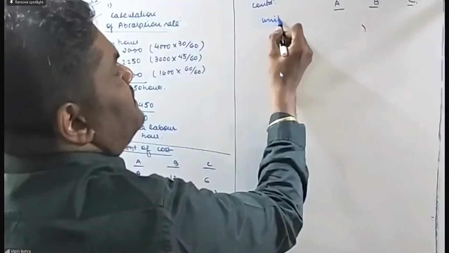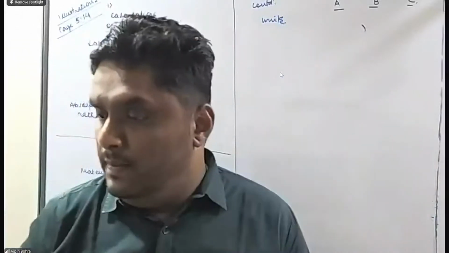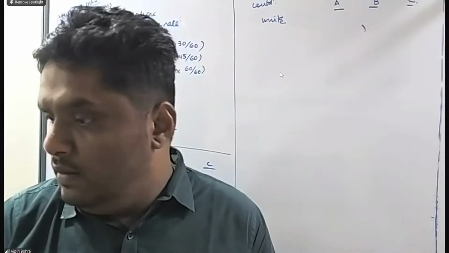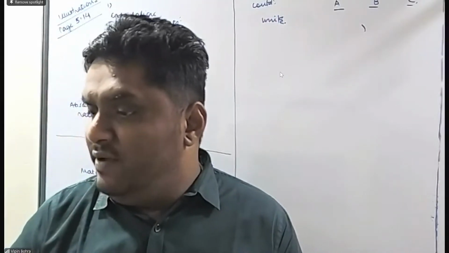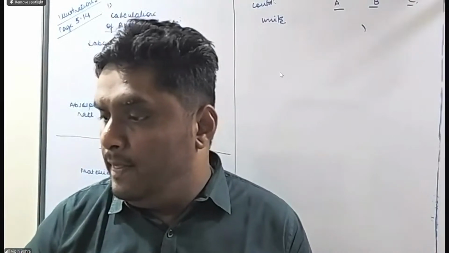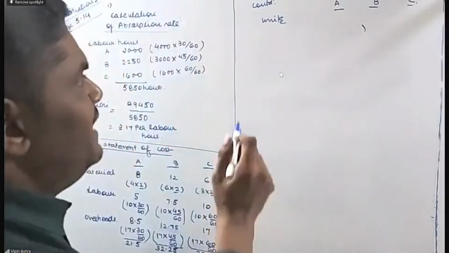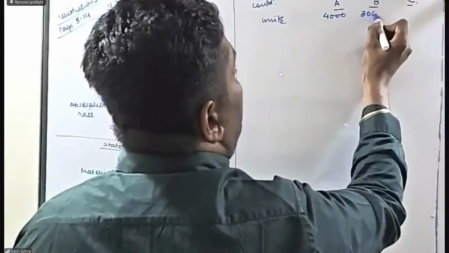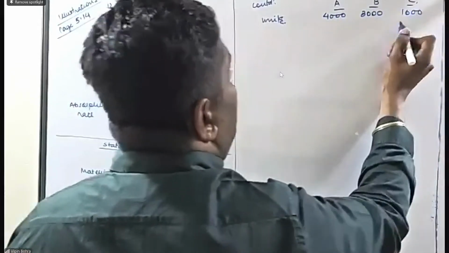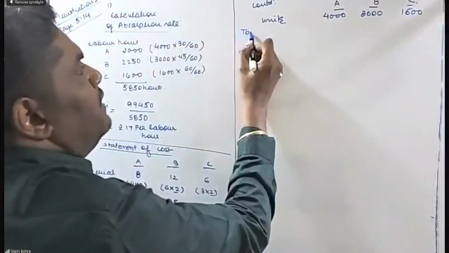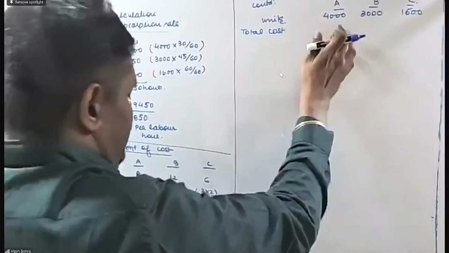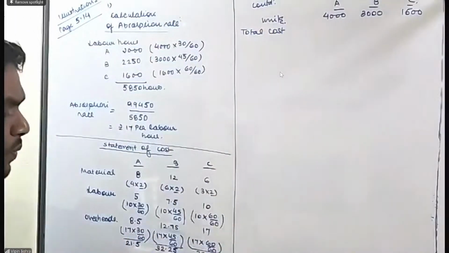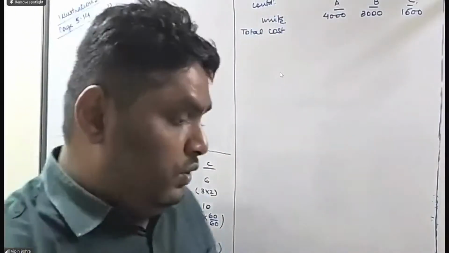Further, we have the units that are given in the question. Very good, Mohammed. Very good, Tanvi. The units are given in the question straight away, that is 4,000, 3,000 and 1,600. So we can calculate the total cost. That is 4,000 into 21.5, 3,000 into 32.25 and 1,600 into 33.